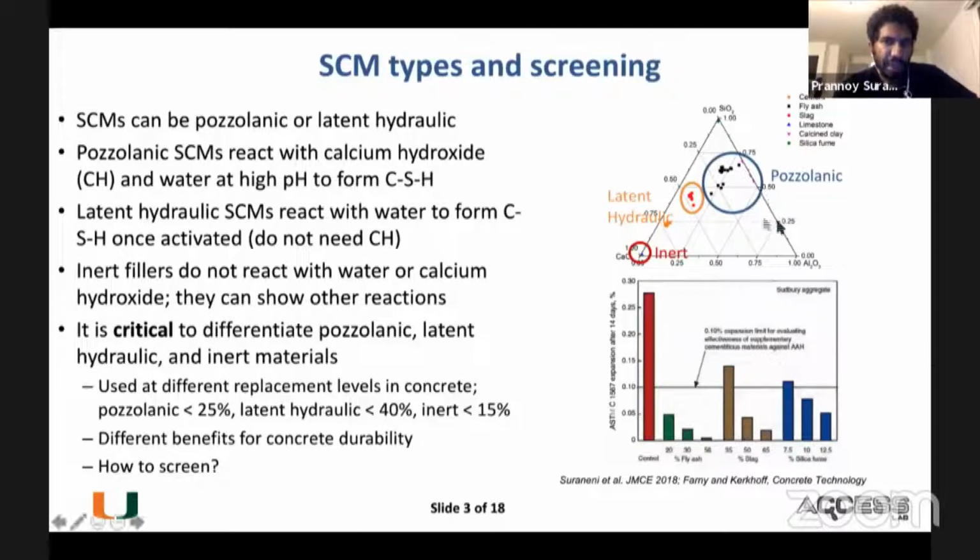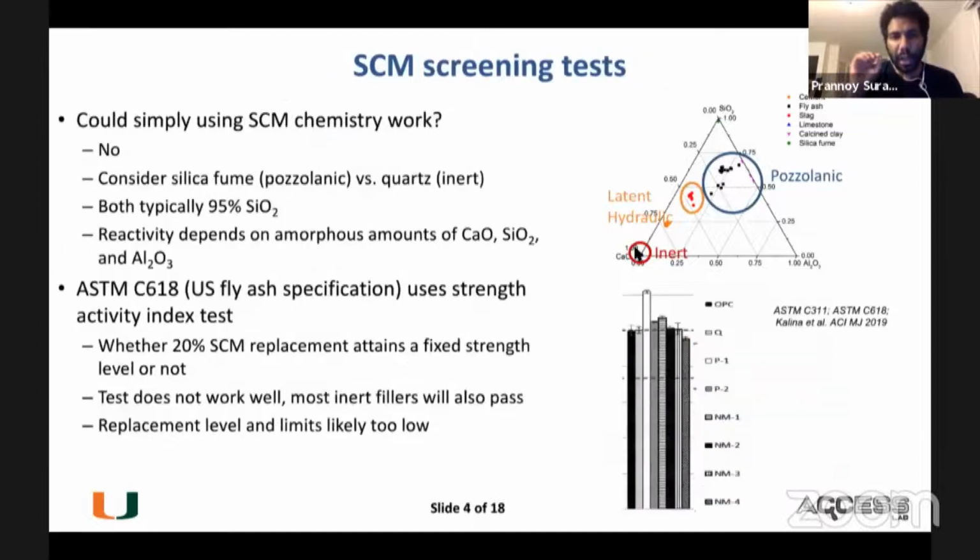And if you look at this figure here, it kind of looks like pozzolanic, latent hydraulic, and inert materials have somewhat different chemical compositions. I would like to warn you that this is not true. Simply using SCM chemistry does not work, okay?